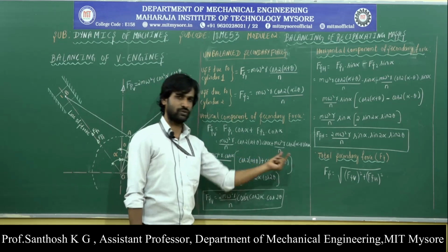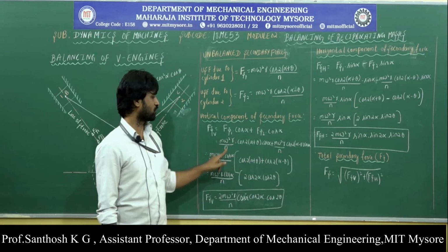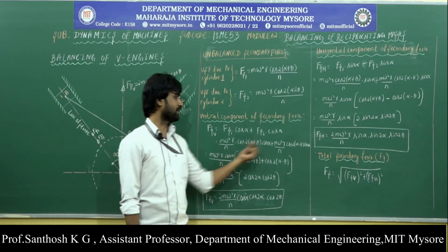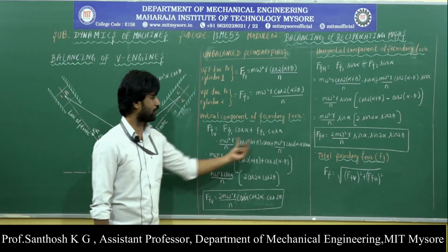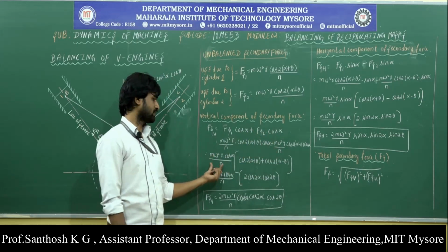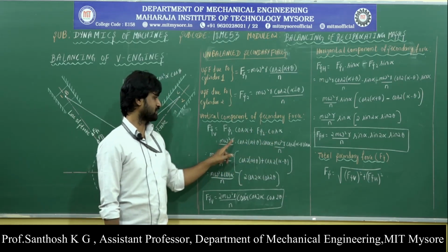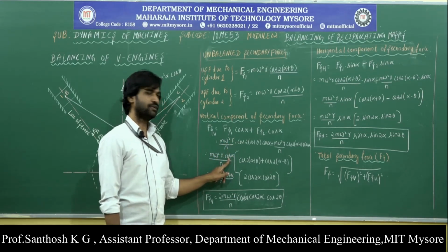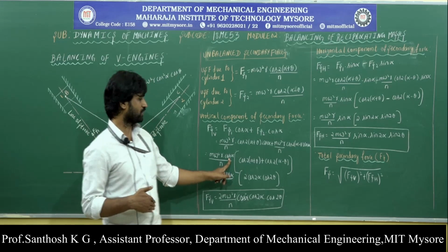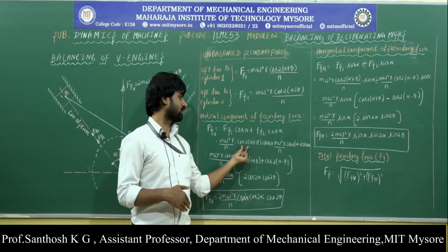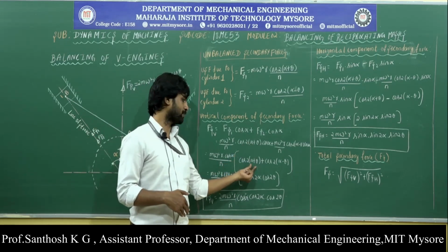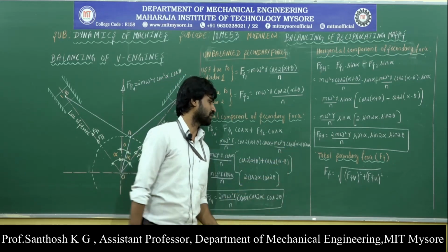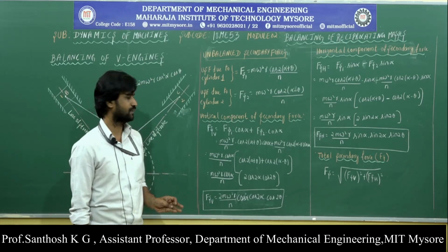If you observe these two terms, m omega square r by n into cos alpha is common, so I am going to take it outside. Then I will be left with cos of 2 times alpha plus theta in the first term, and cos of 2 times alpha minus theta in the second term.